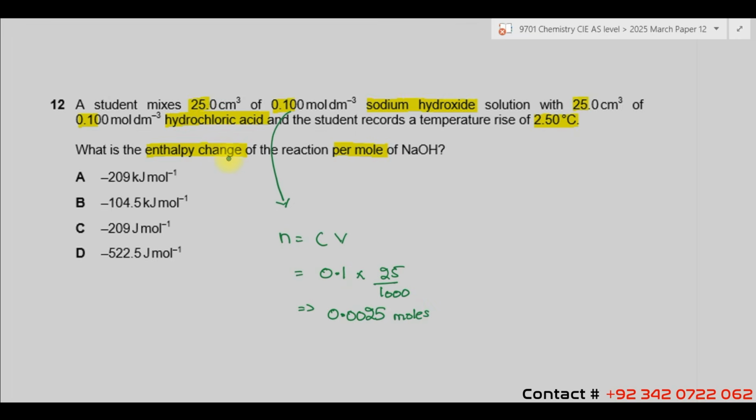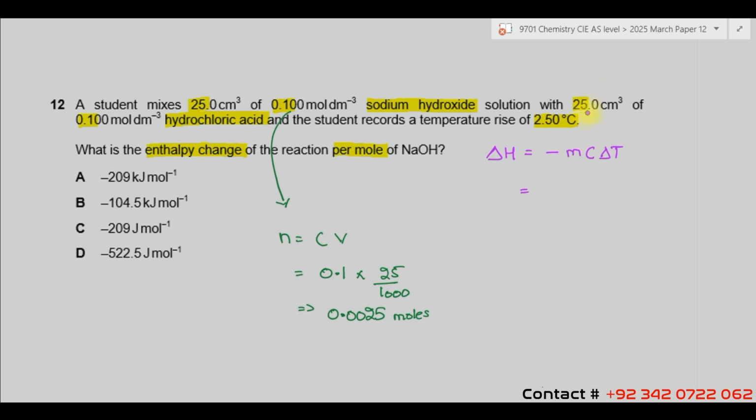Let's find the enthalpy change. For enthalpy change, we can use the formula delta H equals minus mc delta T. M is the mass of solution, C is the specific heat capacity which is constant, delta T is the change in temperature. Let's put in values.